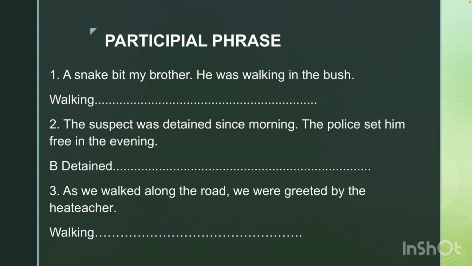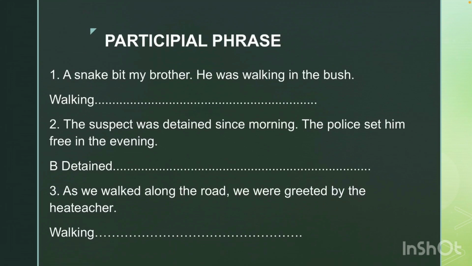The suspect was detained since morning. The police set him free in the evening. Detained. So let's go to the question. Where is detained? It's there, right? Just after was. What is coming after detained? It's since morning. So we connect since morning there. Detained since morning, comma. Now you ask yourself: who was detained? It's the suspect.